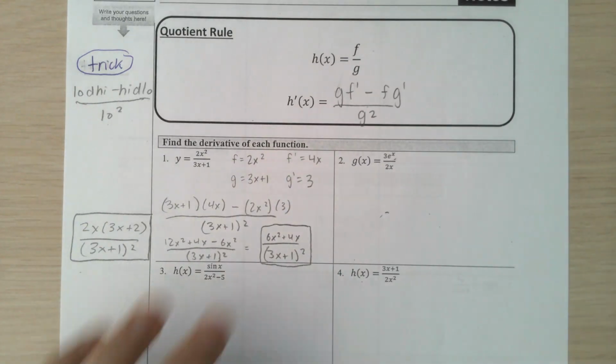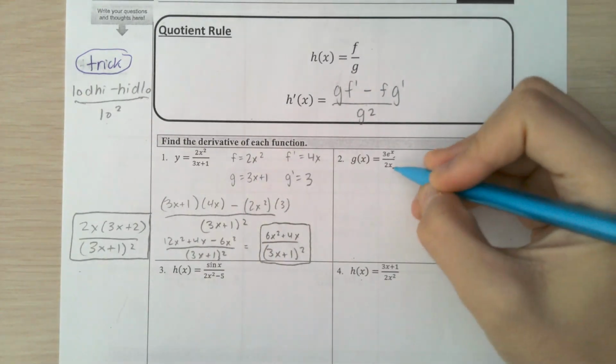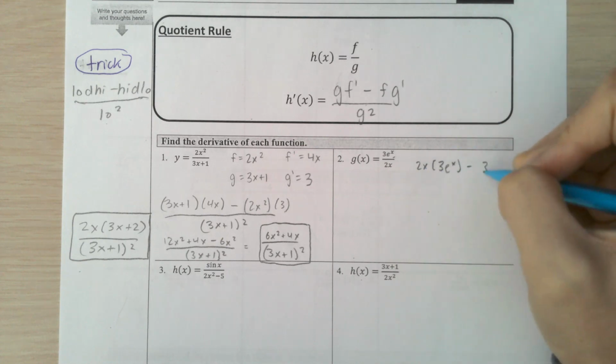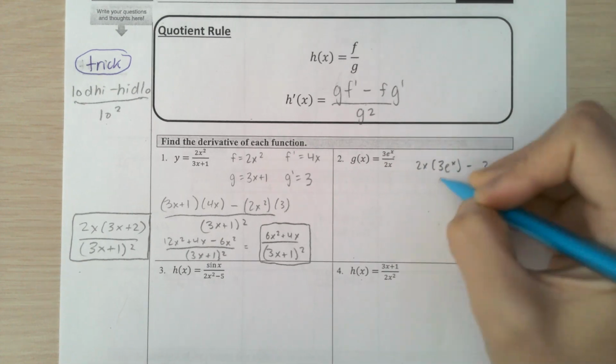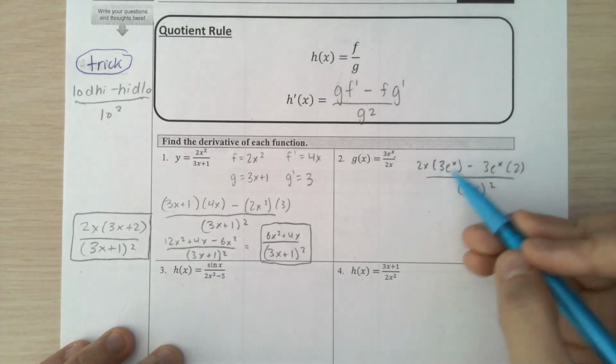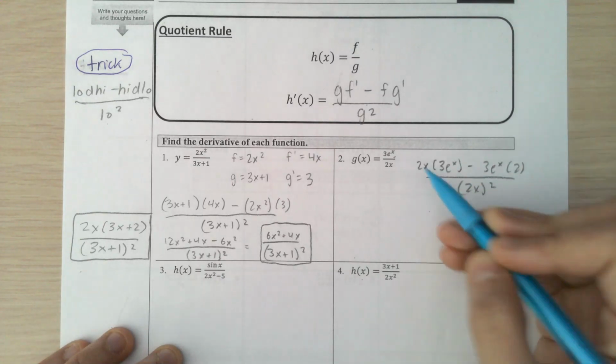Alright, so for this one, I'm just going to straight do low D high D low, just in my head. So I have low D high minus high D low all over low squared. Right, so a lot of you got that far. We're going to pull out the greatest common factor, so you can distribute and then pull out, or you could just see it right away.